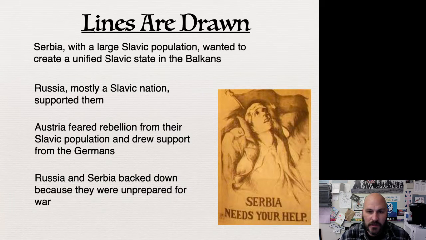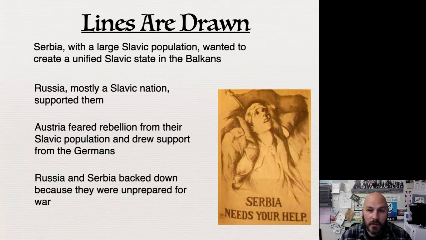And Russia, in particular, wanted Serbia to have a Slavic nation, so they formed a secret alliance with Serbia because both were strongly Slavic nations. And so it really puts the Austro-Hungarian Empire against the Russian Empire prior to this First World War.